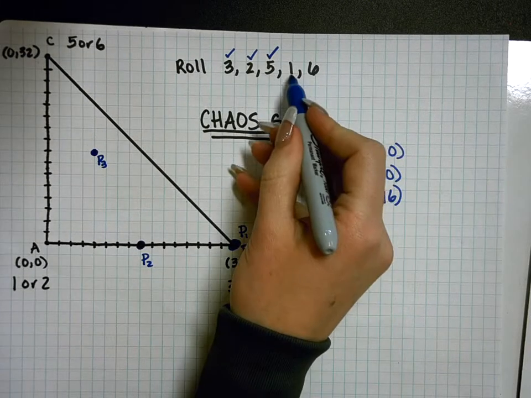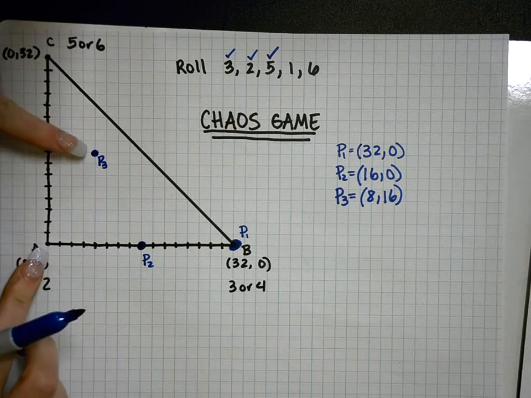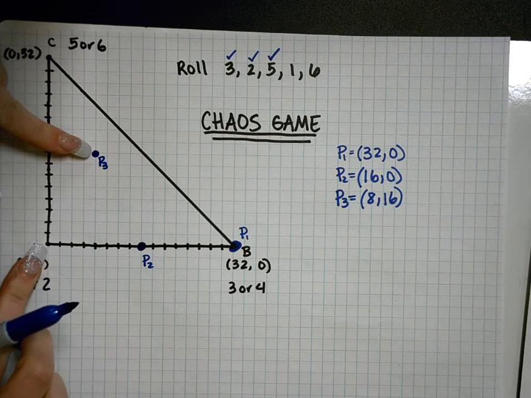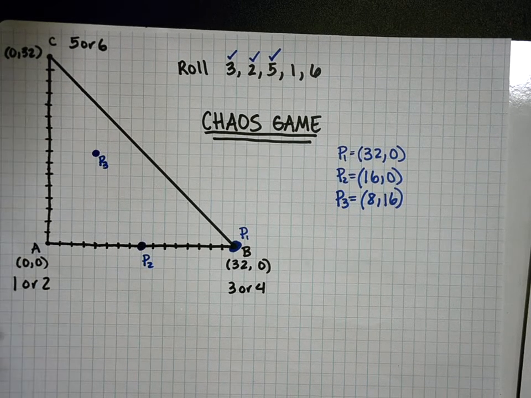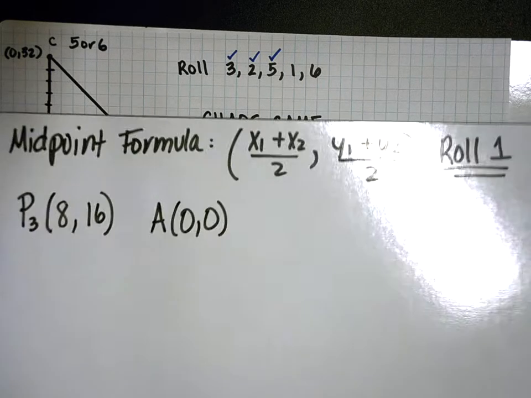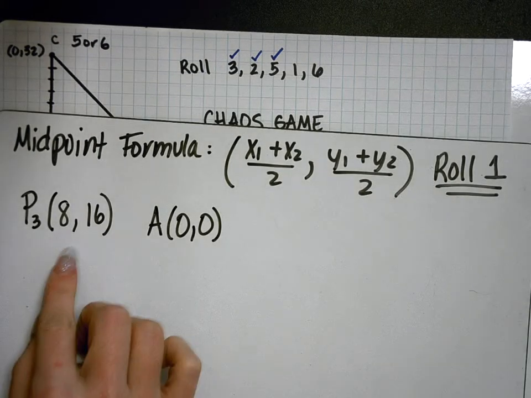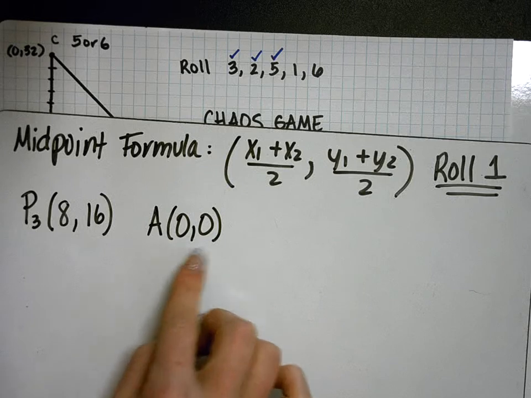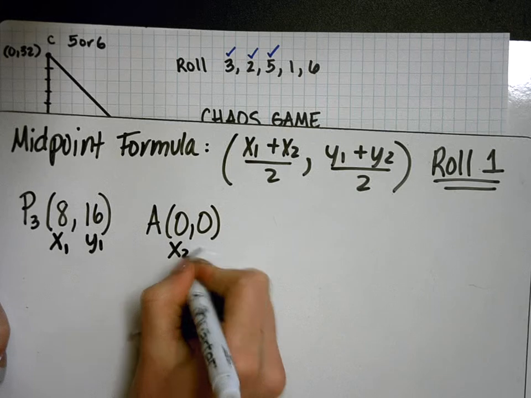So my next roll is a 1. 1 corresponds with A, and my last point was P3. So now I need to find the midpoint between these 2 points here, A and P3. I know A is 0, 0, and I know that P3 is 8, 16. So we're just going to apply the midpoint formula again for when we roll a 1. I have my 2 points here, point 3, 8, 16, and A. And this is my x1, my y1, my x2, my y2.